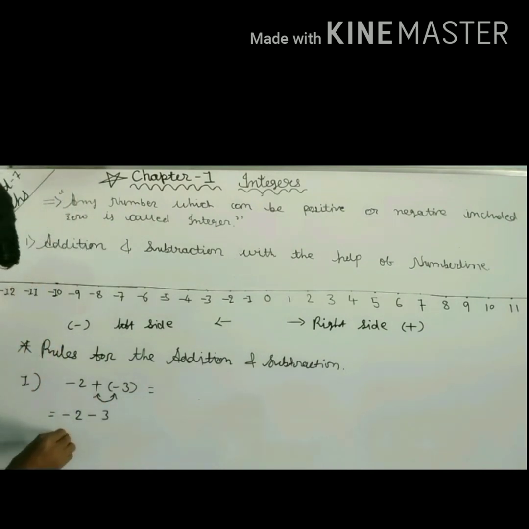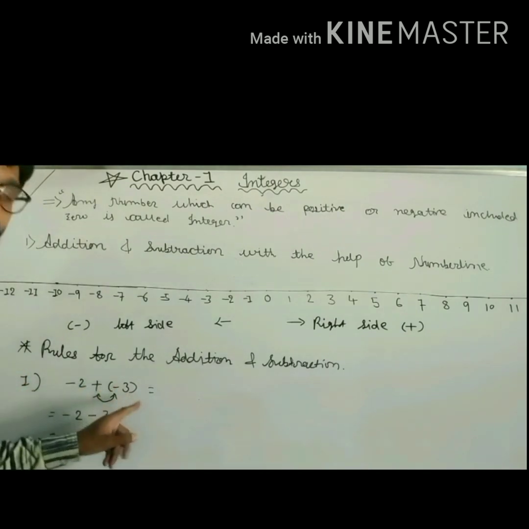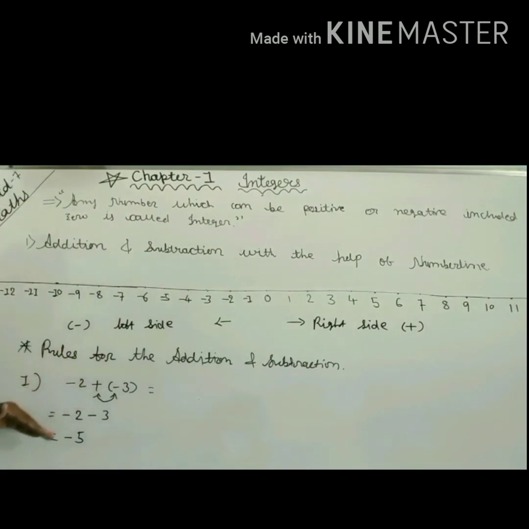Now you can add as per our minus and minus rule for addition or subtraction: -5. Is that clear to everyone? I will explain this in the multiplication rule also, but here your addition and subtraction rules are completed. Now you can do some sums yourself from your textbook.